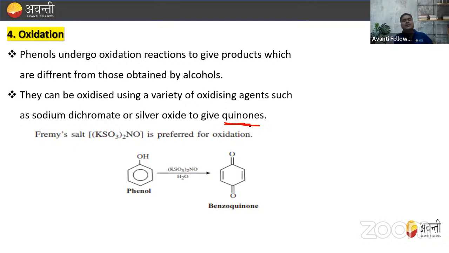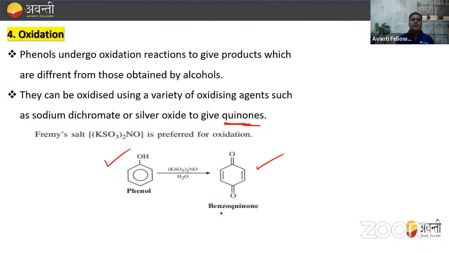Always remember, whenever oxidation of phenol takes place, it gives us benzoquinone. So this is the phenol, and we treat phenol with sodium dichromate, also known as Fremy's salt. Then what will we get? We will get benzoquinone. Clear to everyone?